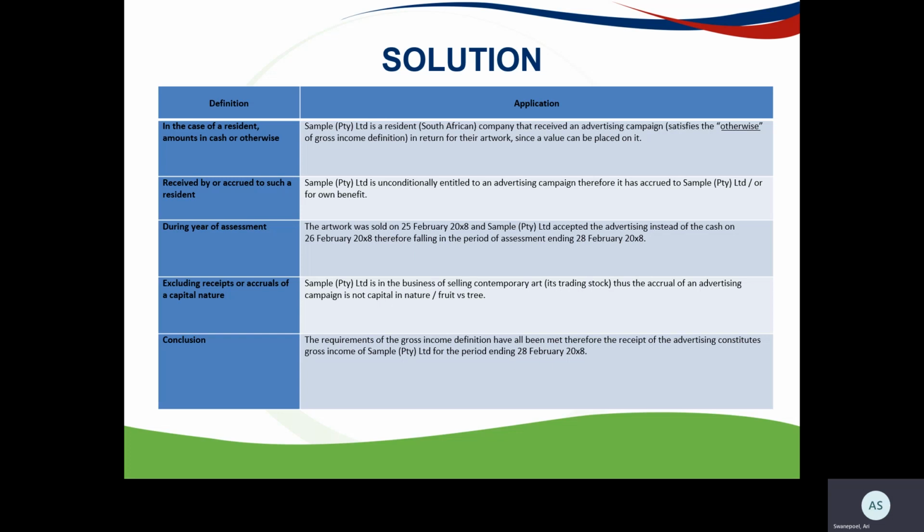So they did sell artwork as part of their trade, so this will not be of a capital nature, but revenue. That's their fruit. So the conclusion is that all the requirements of the gross income definition have been met, and therefore the advertising campaign's value of 10,000 Rand will be included in gross income during the current year of assessment.